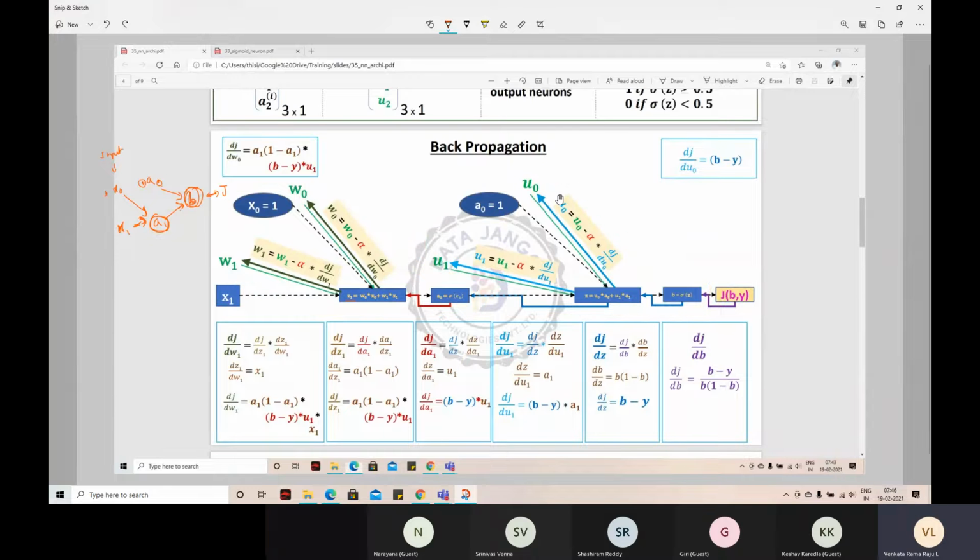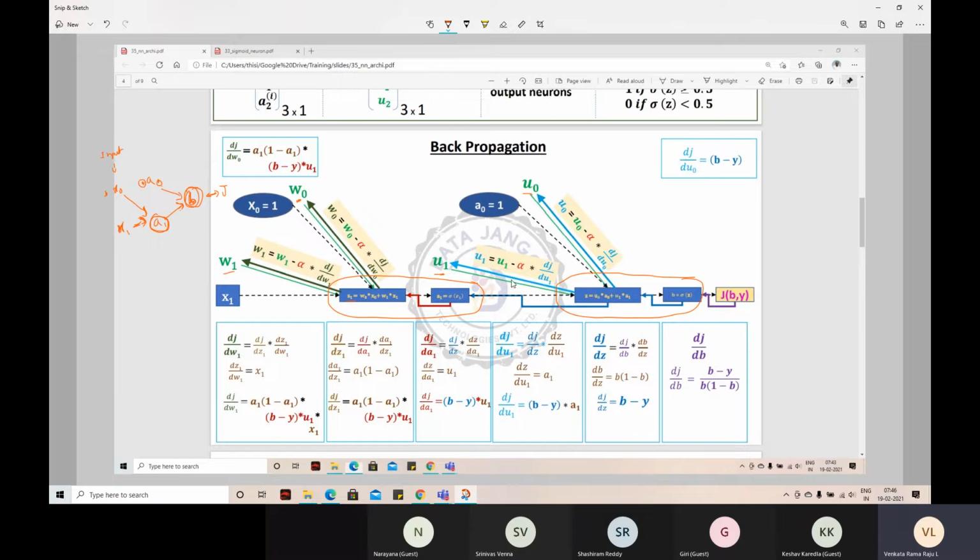Give me 1 second. This whole thing is A, and that is B. Now, when I start the neural network, I'll choose some random W0 and W1, and then some random U0 and U1.